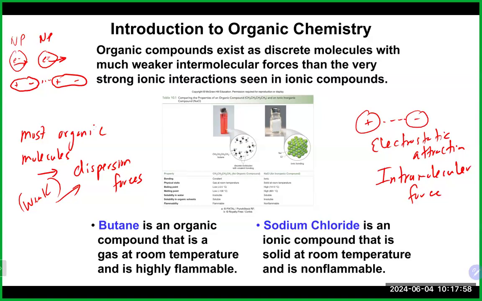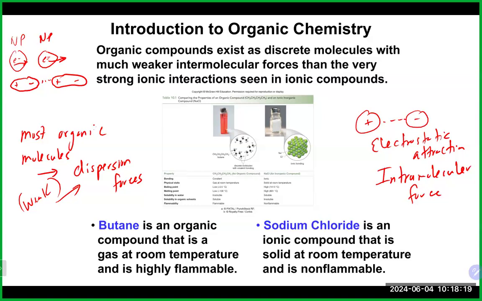So one of the major differences that you see between, say, something that's inorganic and something that's organic is a lot of organic molecules are gases under normal conditions. If you think about the early organic molecules, there's methane, propane, butane, and so forth. Those are all gases under normal conditions.